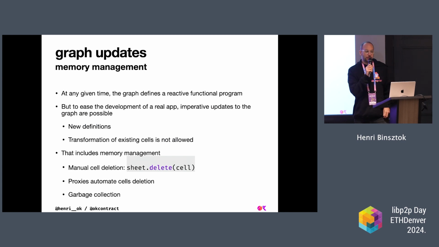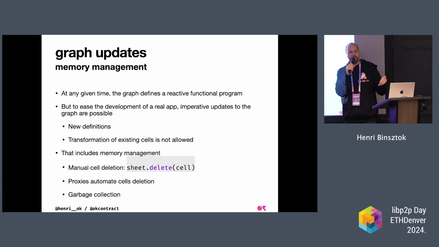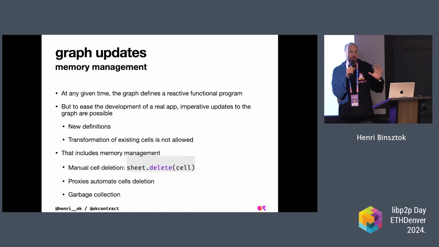So let's talk about graph updates and memory management. At any given time, the graph defines this functional reactive program. But to ease building more complex applications, including GUIs, we sometimes need imperative updates to the graph.